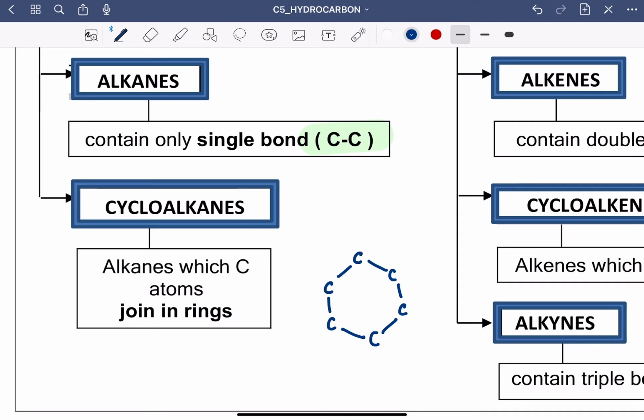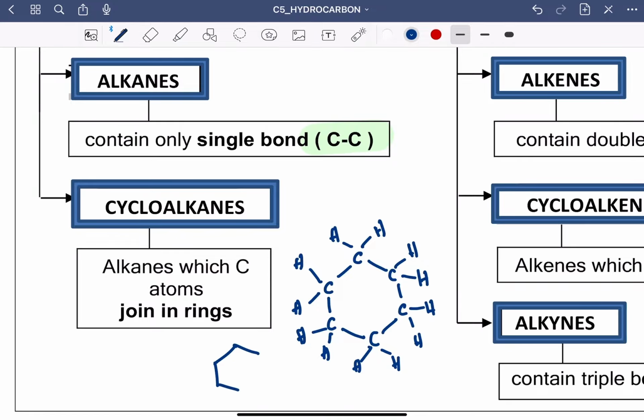This is a ring, so we call this cycloalkane. It has H only. This is cycloalkane, something that you're familiar with, like this.